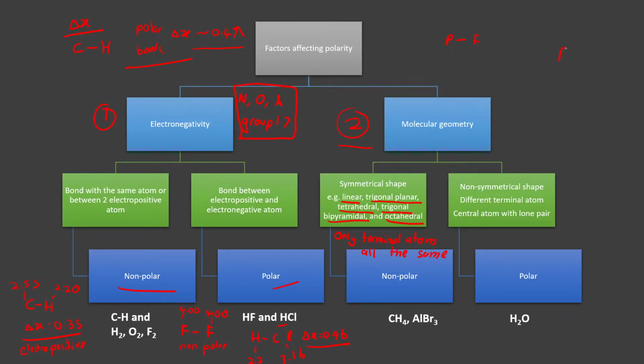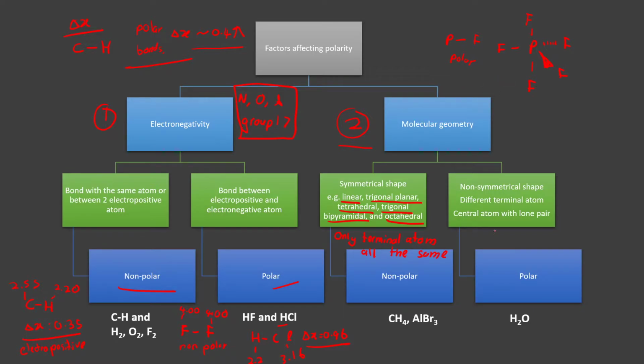Tapi kalau PF5, okay, so PF5, you get trigonal bipyramidal, okay, you will have a non-polar molecule sebab, even though this one is polar, tapi the shape, when kita tengok molekul dia, it is symmetrical and it is also all the terminal atoms are the same. So, the polarity cancel out each other.